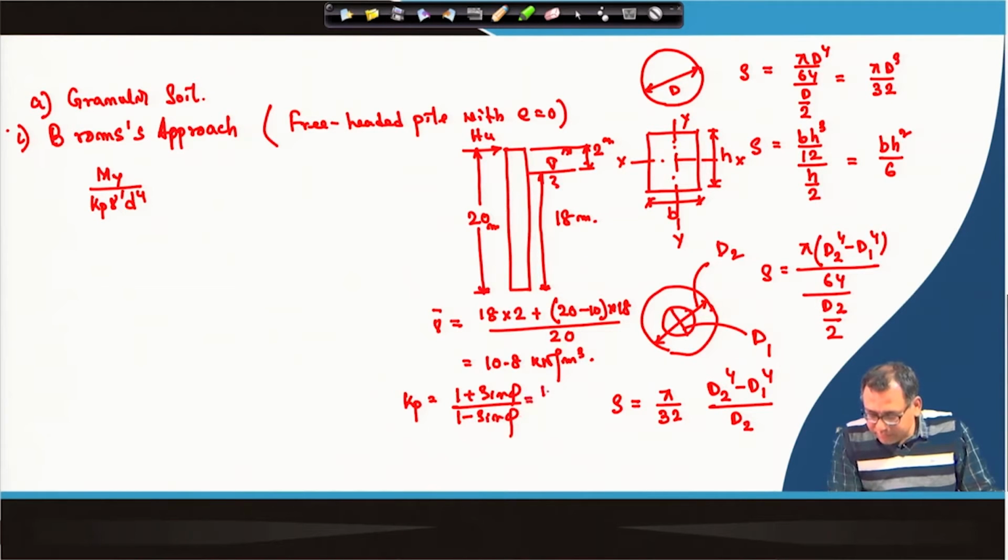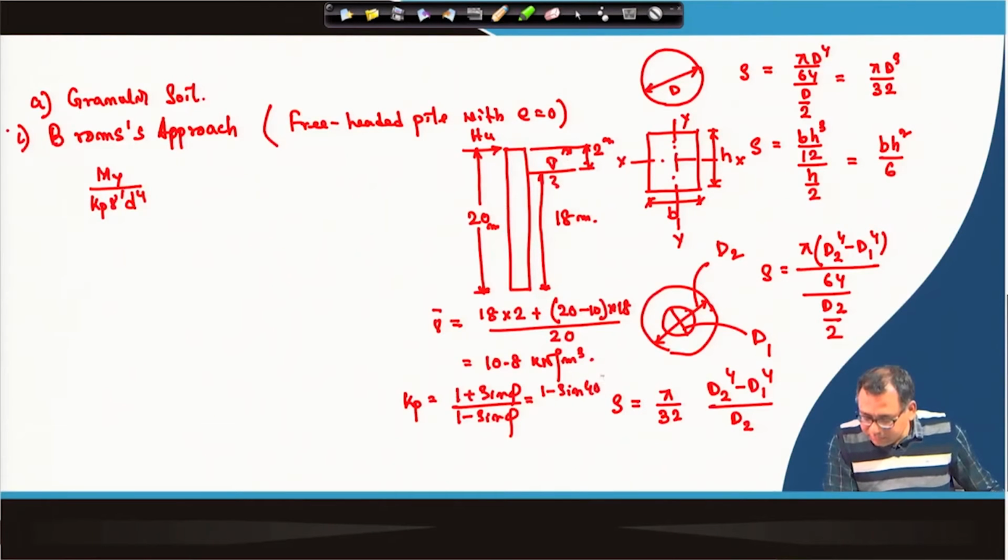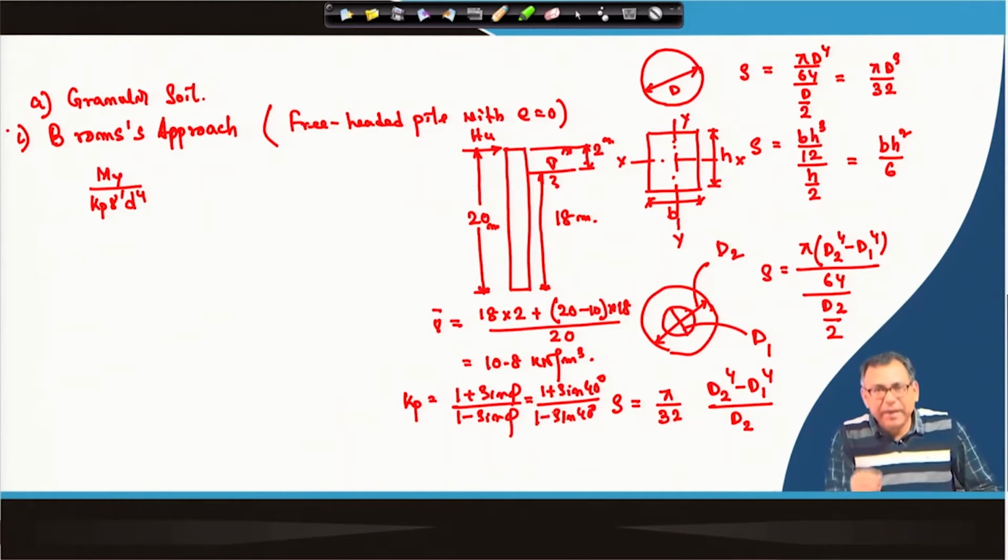Here phi is 40 degree, so Kp is 1 plus sin 40 divided by 1 minus sin 40. This is the passive earth pressure coefficient, which is equal to 4.6.